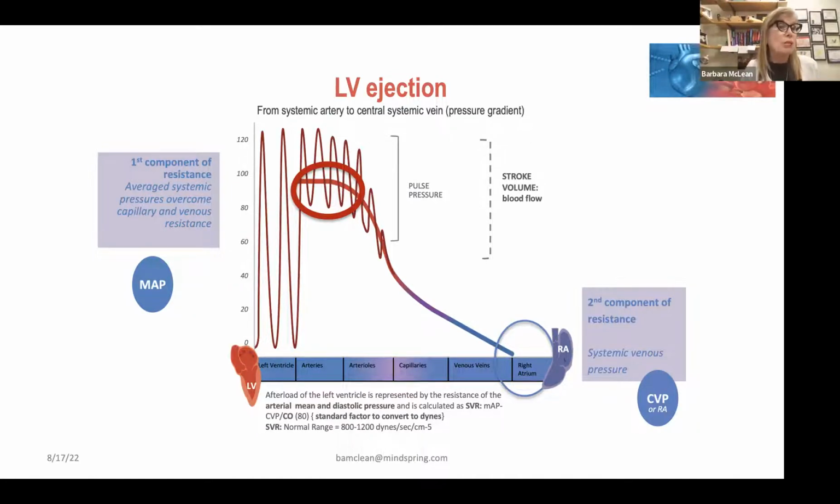So your left ventricle has to overcome all the resistance of the arteries in order to move blood back to the right atria. So that's the second component of the resistance. First component is the artery. Second component is the right atria, or CVP.